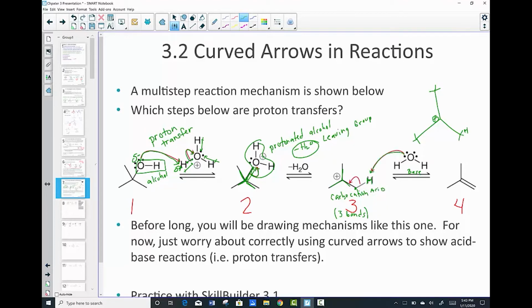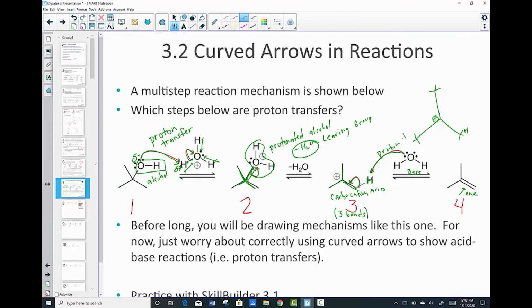When we collapse this bond, we now have two bonds, and we formed an ene, the double bond product. We've undergone acid-base proton transfer, and in doing so, we produced the alkene as our final product.